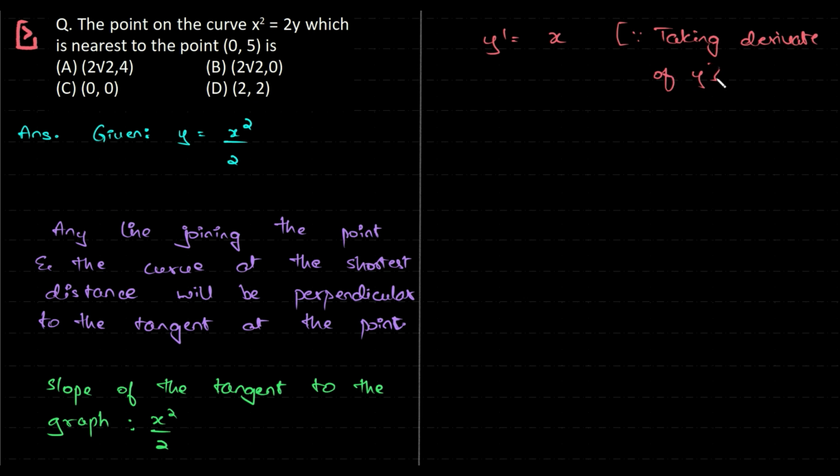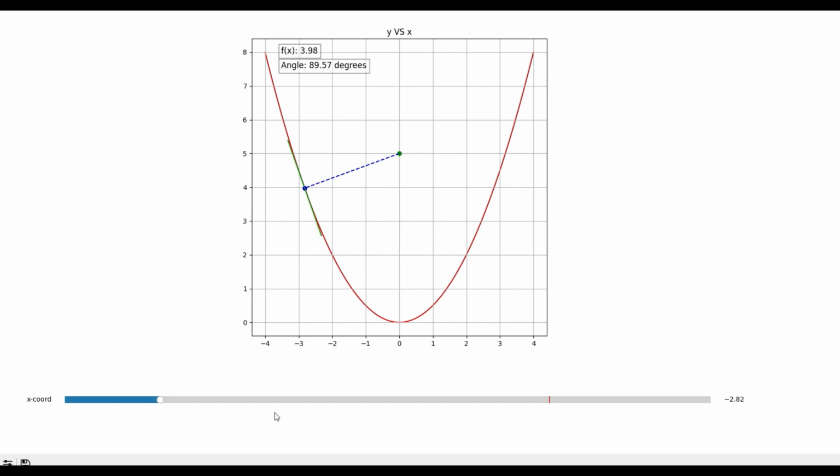That's how we obtain it. So say this point is at 2, the slope here is 2. Here this dot is at 2, the slope is 2. That's what the equation is telling.